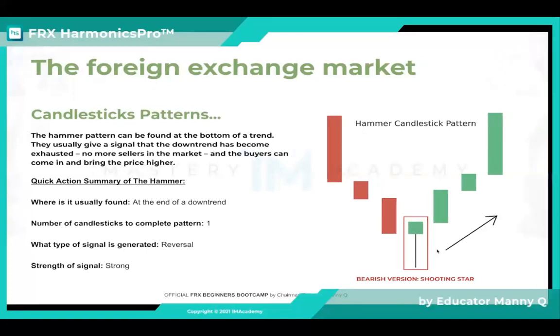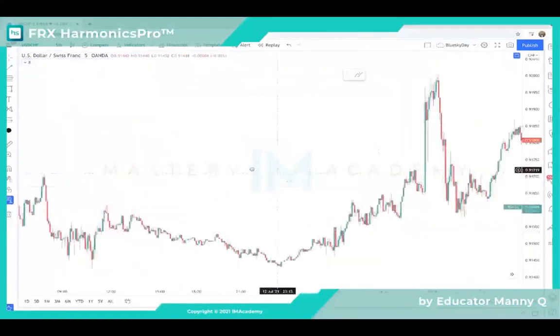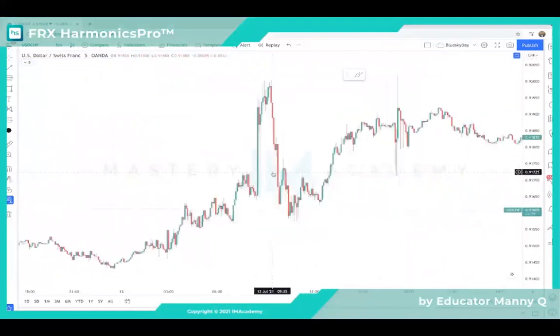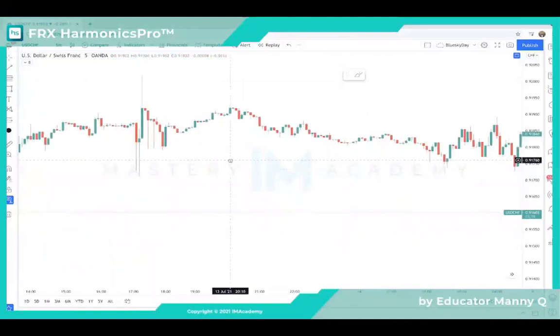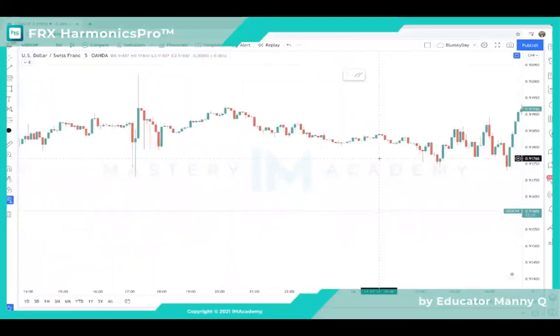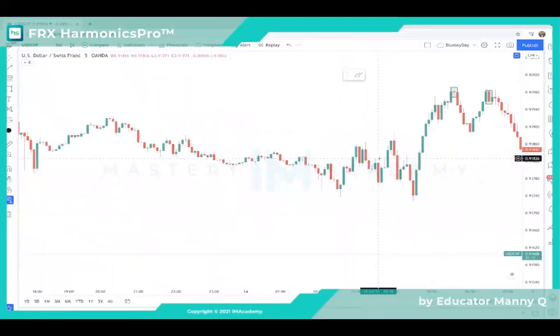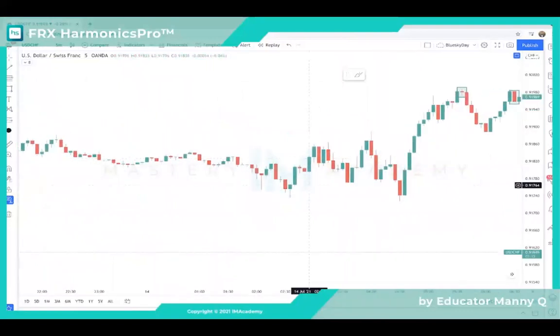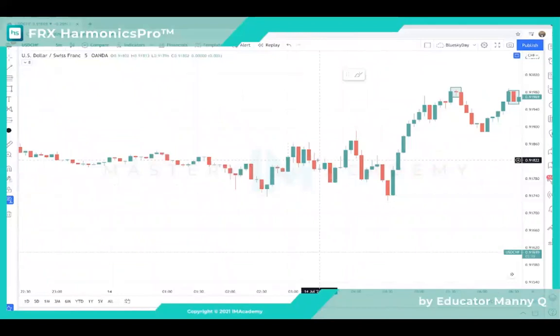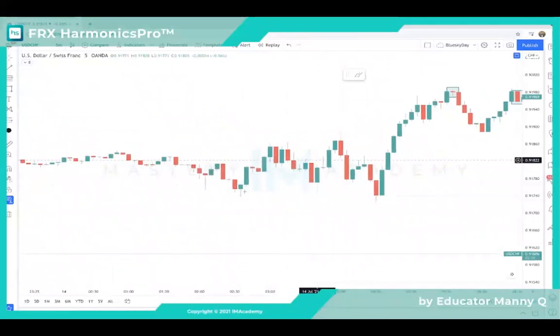Let's see if we can find a hammer or a shooting star inside of the market at any of these specific reversal points. And bingo, here goes one right over here. Alrighty. Now, because this is the bullish version, this is in fact called the hammer.